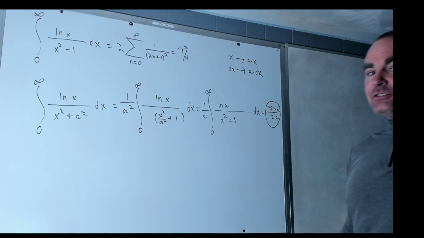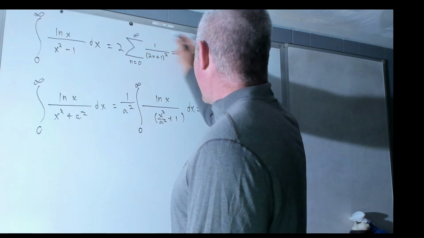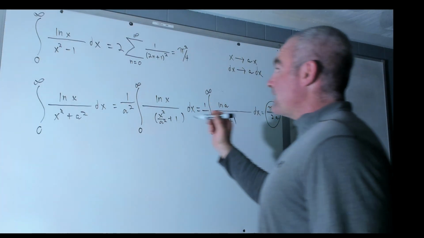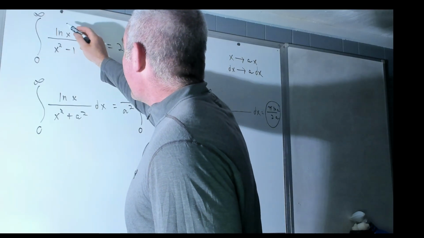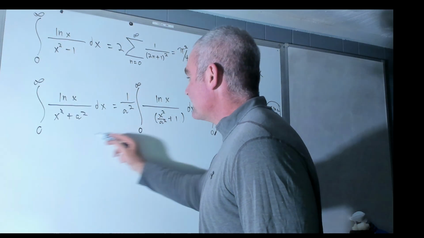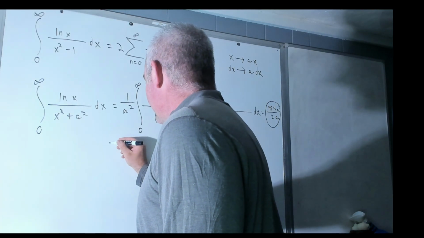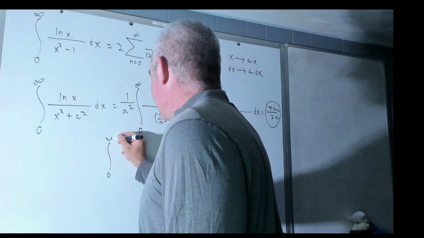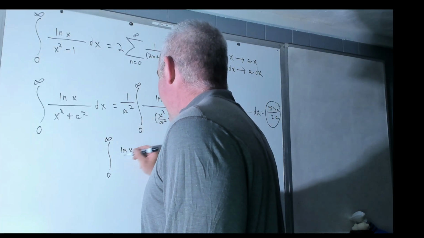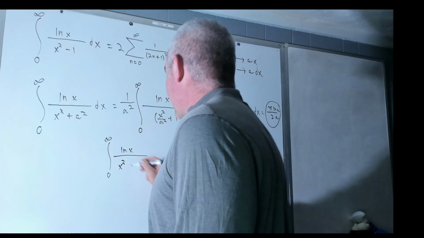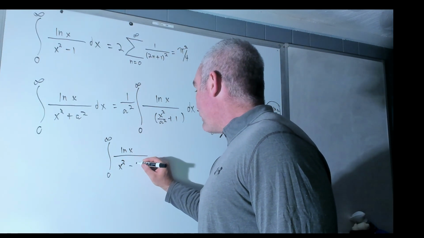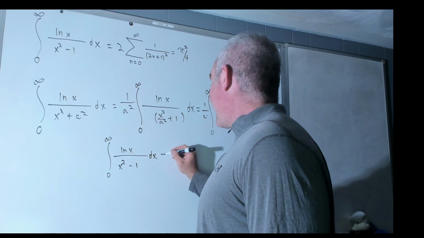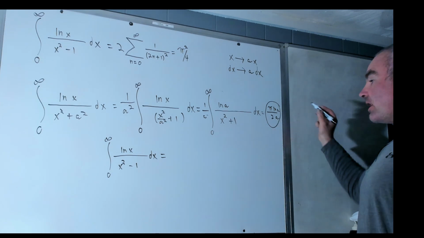Now all we have to do is plug in i, the imaginary unit, by the way. If we plug in the imaginary unit, we find that the integral from 0 to infinity of natural log x over x squared plus i squared, which is x squared minus 1, with respect to x, is equal to that when we plug in the imaginary unit.